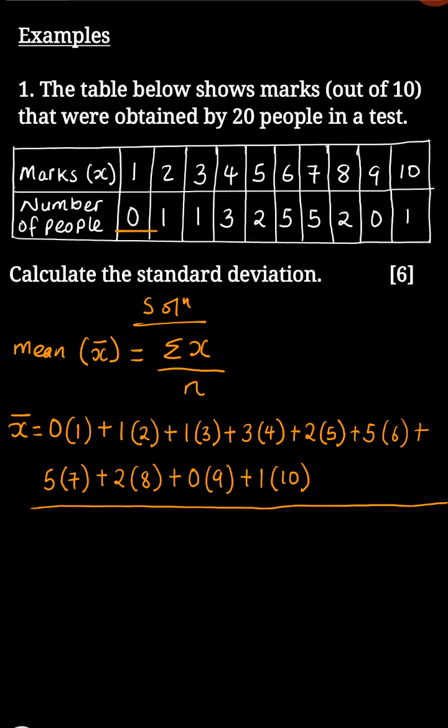So when you do 0 plus 1 plus 1 plus 3 plus 2 plus 5 plus 5 plus 2 plus 0 plus 1, you are going to find that our n will be equal to 20. Like that. Now, once you have done this, you are going to say my x bar is equal to.